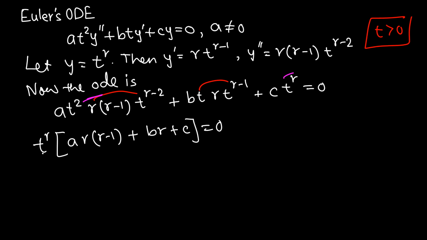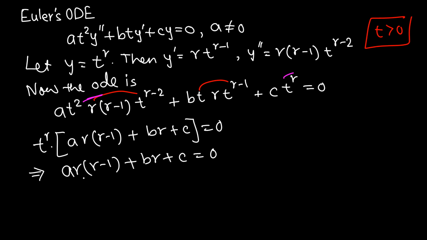Since t is not 0, then t raised to r is not 0. So this factor not 0 means this must be 0, because we got a product of two things equal to 0. So a r(r-1) plus b r plus c equals 0. And this is sometimes called the characteristic equation of this Euler's ODE.